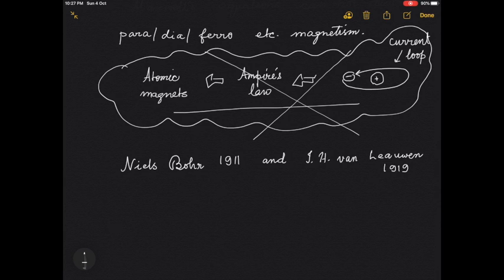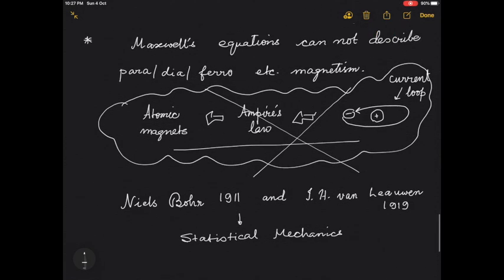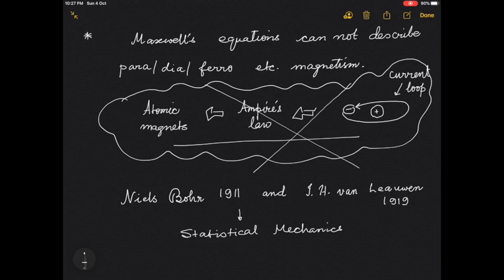Why is that? Because it's a problem of statistical mechanics. You may have one atom giving rise to some type of atomic magnet, though this entire consideration of current carrying loop doesn't work once you consider the quantum model of the atom.